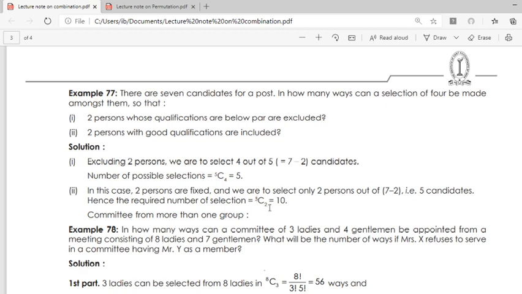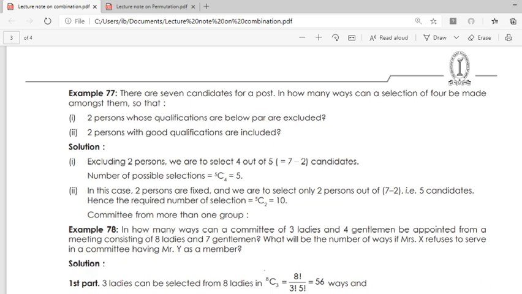You want to make a selection of 2 out of the 5 candidates. That's how you have 10.